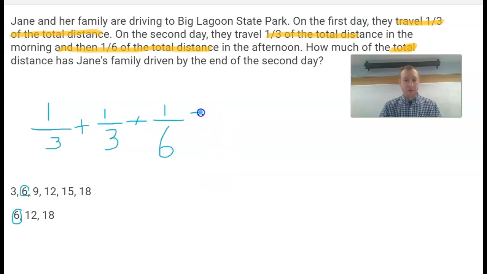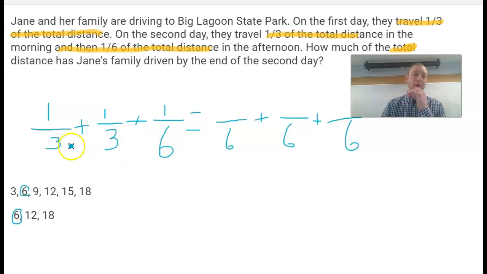So I'm going to have something sixths plus something sixths plus something sixths, right? Sixth, sixth, sixth. So now, here's my next question, how did we get from 3 to 6?